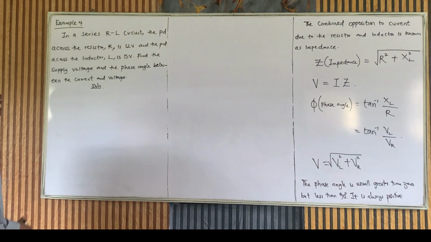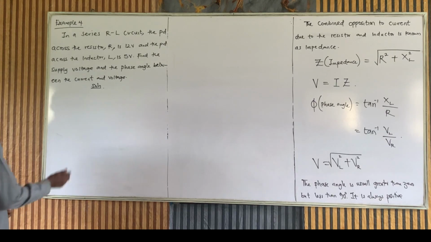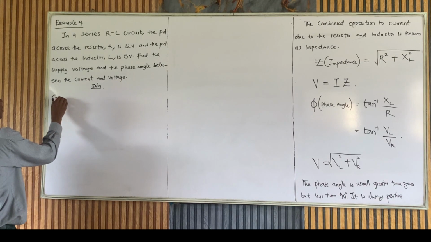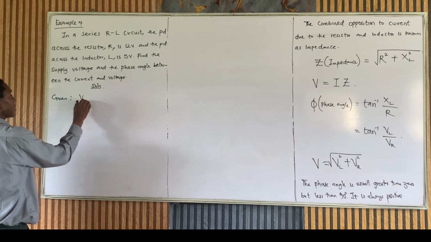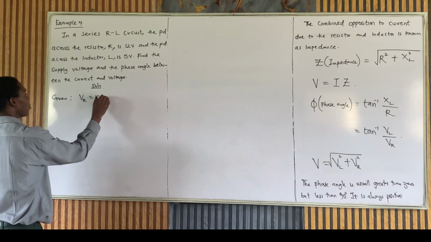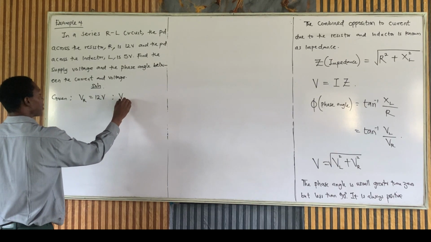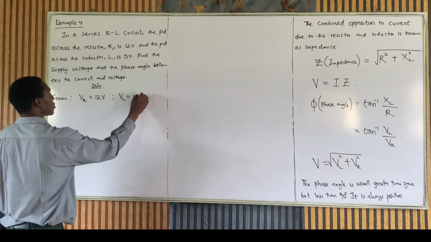Example 4. In a series RL circuit, the PD across the resistor R is 12 volts and the PD across the inductor L is 5 volts. Find the supply voltage and the phase angle between the current and voltage. Well, here we are given that the voltage across the resistor is 12 volts and the voltage across the inductor is 5 volts.